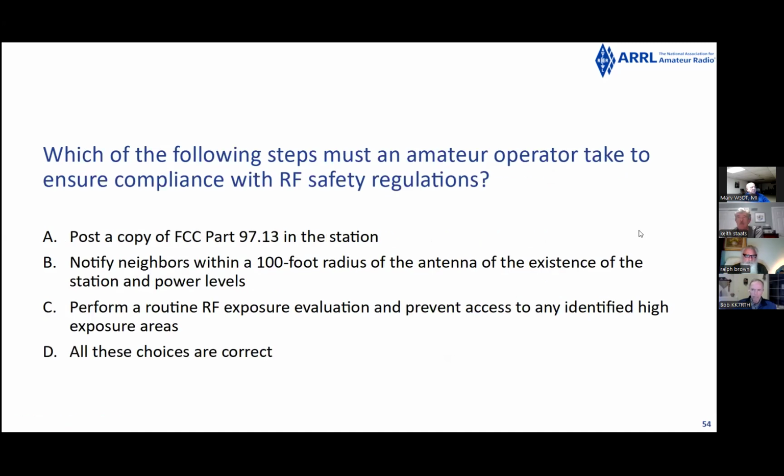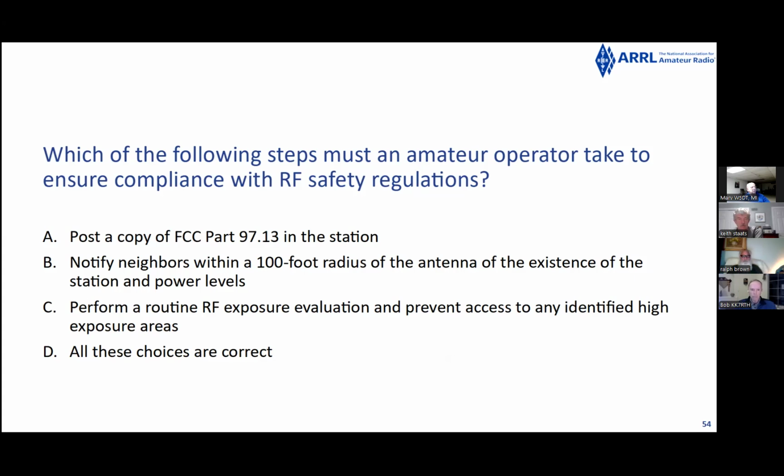Which of the following steps must an amateur operator take to ensure compliance with RF safety regulation? Post a copy of FCC Part 97.13 in the station. Notify neighbors within a 100-foot radius of the antenna of the existence of a station and power levels.